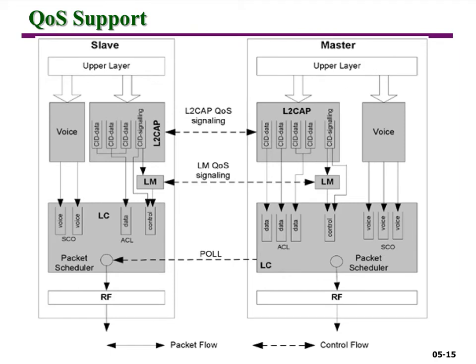This signaling may happen at the beginning of the communication for the SCO case, and then the master will pre-allocate these time slots, or it could happen during the communication for the ACL links, in which case the master node will change the polling sequence or the allocation of the time slots, as we will see in a minute. So based on this level of signaling, the master node will now get detailed information about the quality of service requirements of the nodes.